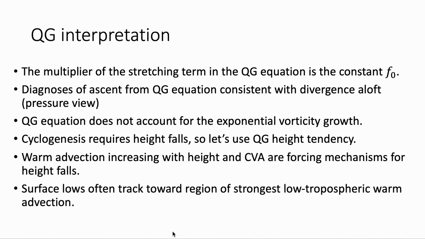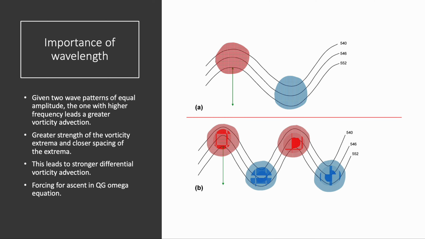And in fact, surface low pressure systems very often track toward regions of really strong low tropospheric advection. And so these perspectives are all kind of complementary, if you will.